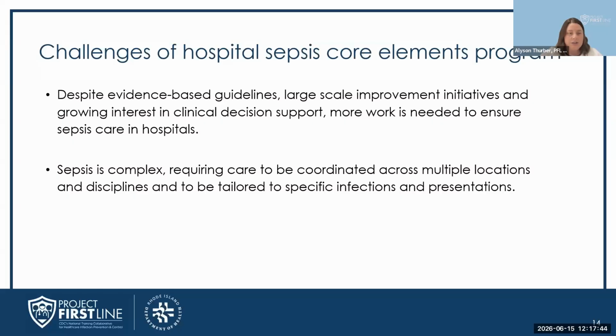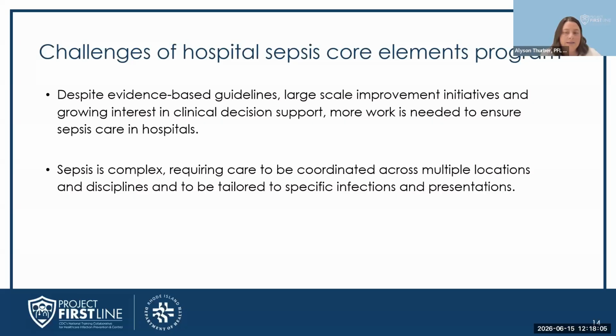So there are some challenges. Despite the availability of evidence-based guidelines for sepsis, success of several large-scale quality improvement initiatives, and growing interest in clinical decision support, much work remains to ensure optimal sepsis care in hospitals.